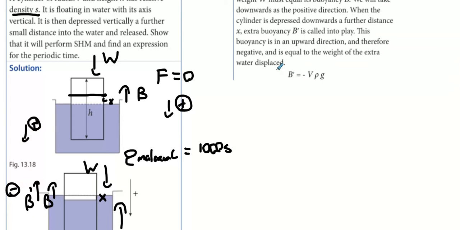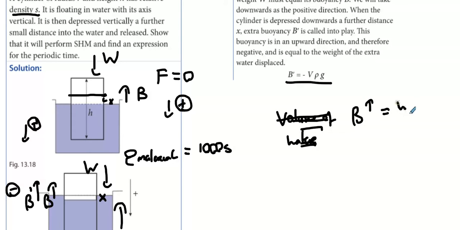Therefore the extra buoyancy force, negative, is equal to the weight of the extra water displaced. This is Archimedes' principle: the weight of the water you displace is equal to the upward force, so the buoyancy force equals the weight of water displaced. Now, what is the weight of water displaced?